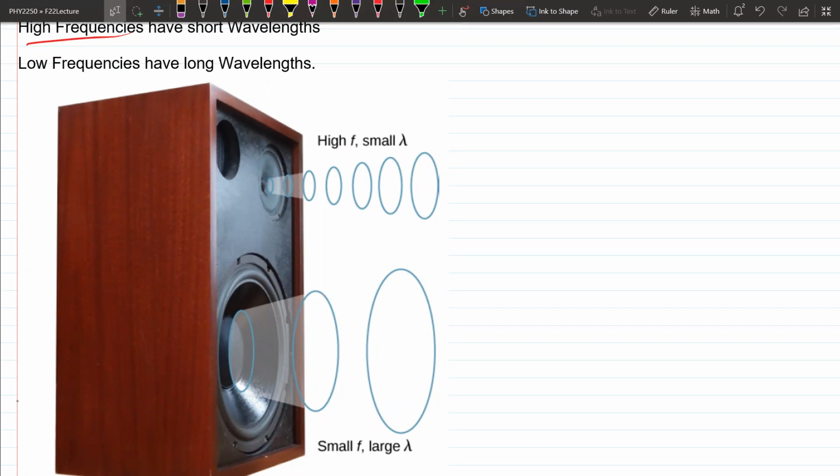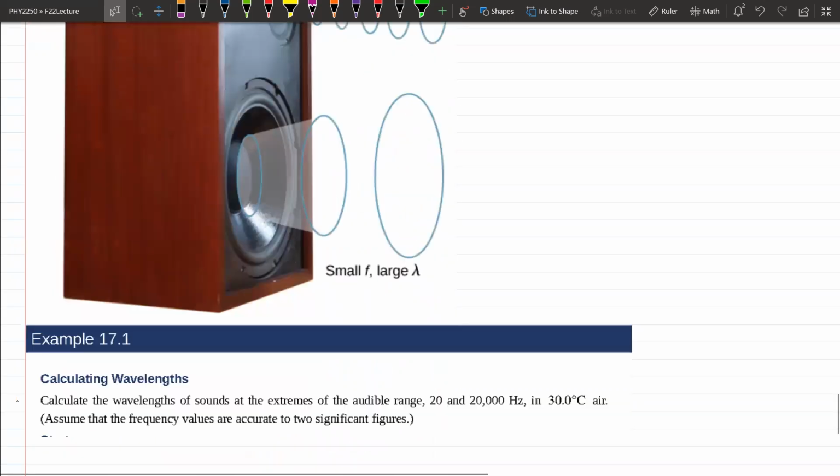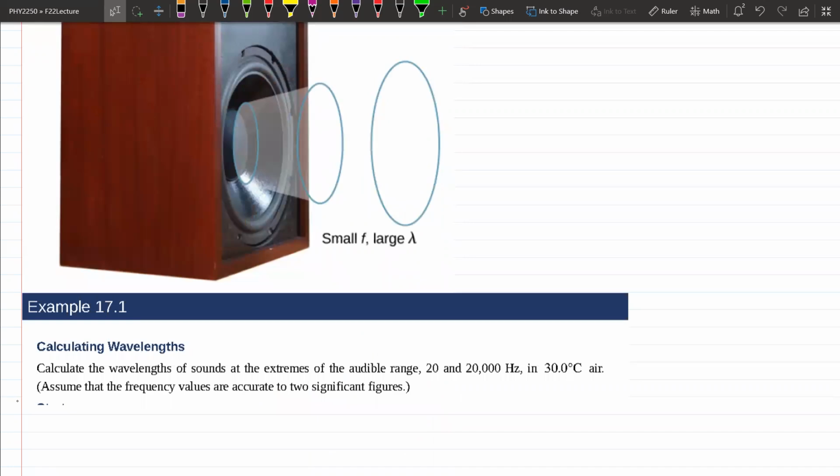The high frequency waves have shorter wavelengths, so you can produce the sound with a smaller speaker, but a lower frequency wave has a longer wavelength, and therefore you need a bigger speaker in order to produce that sound. We can calculate the wavelengths of these things pretty easily. So, any questions before I do the example and then jump into the worksheet?